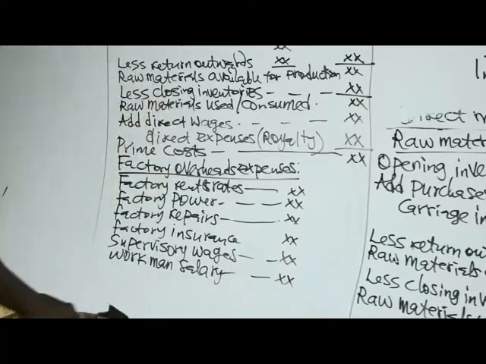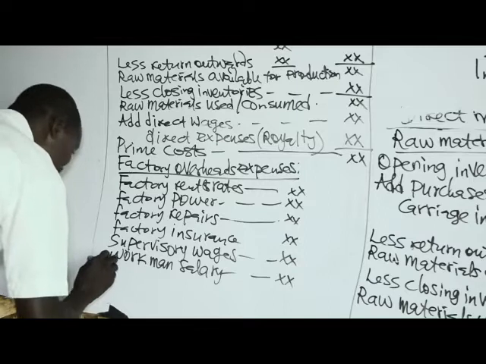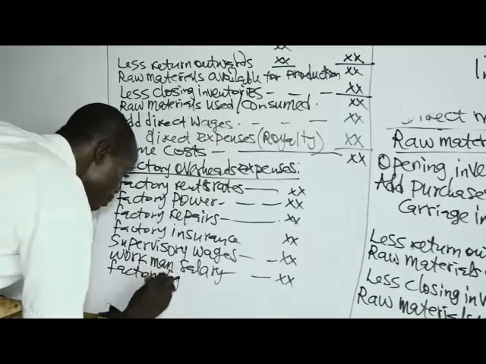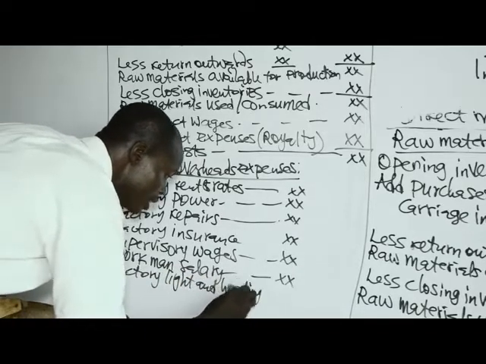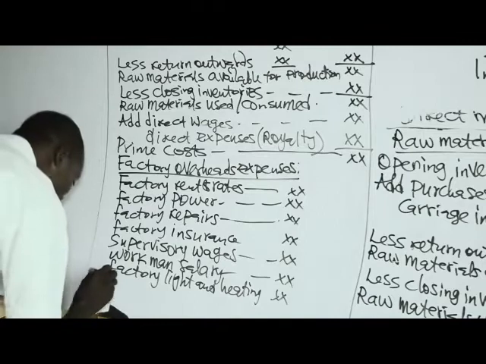You may also have directors. We have factory light and heating. Then we also have the general factory expenses.